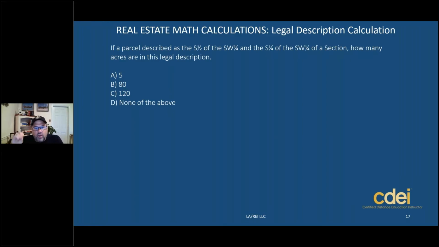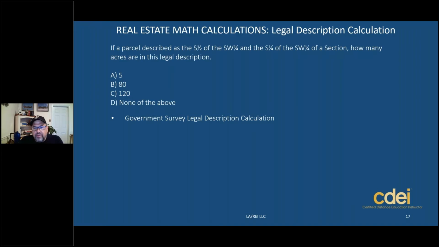How many acres are in this legal description? Now, this is under the government rectangular survey, and you have to know how to calculate from a legal description written like this how many acres are in this legal description as described. So let's just do a little bit of reviewing here real quick.